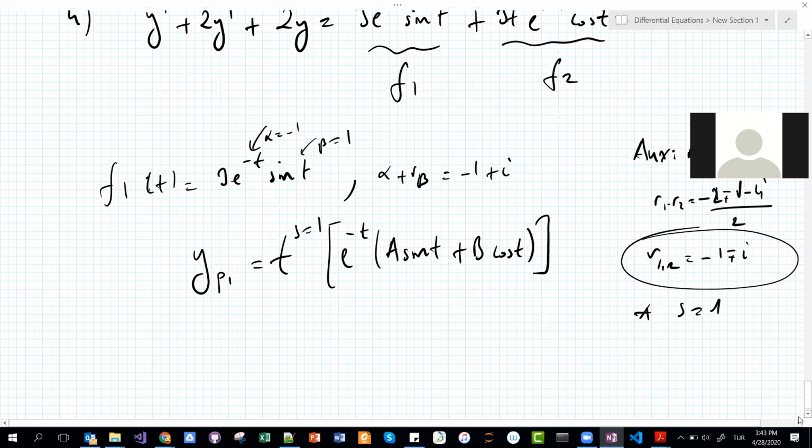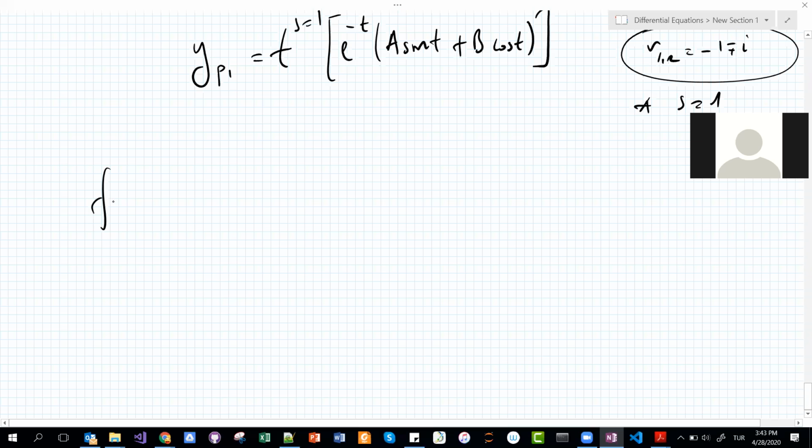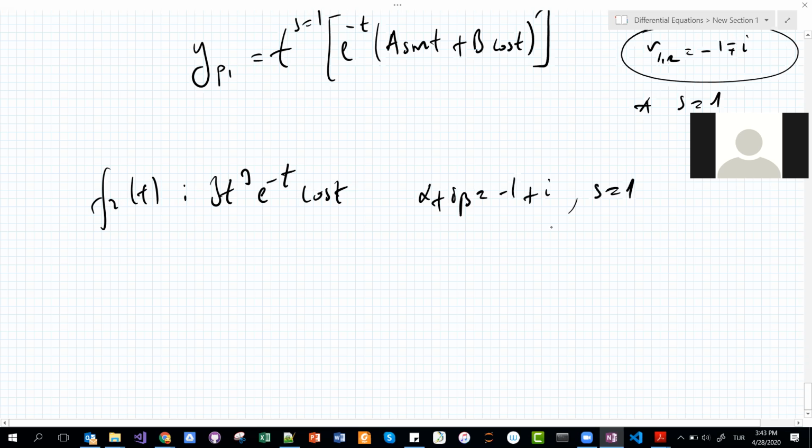So I will do the same thing for f2, guys. f2(t) is equal to 3t cubed e^(-t) cos t. I look at alpha plus i beta, which is the same here, -1 + i. That is why I need the extra factor of t, since it is one of my roots. So y_p2 is going to be like this.